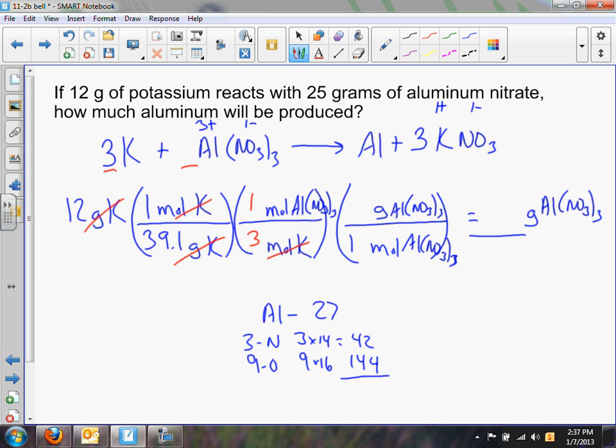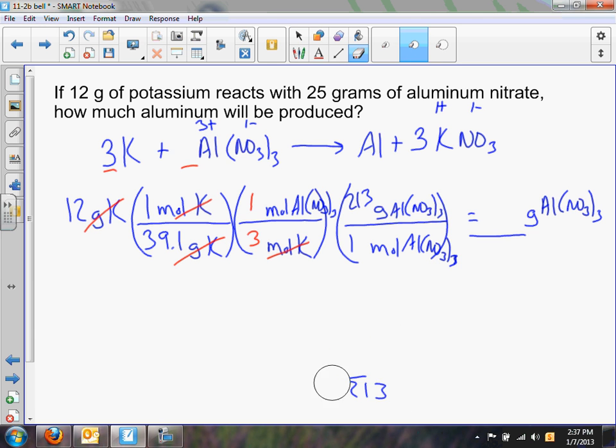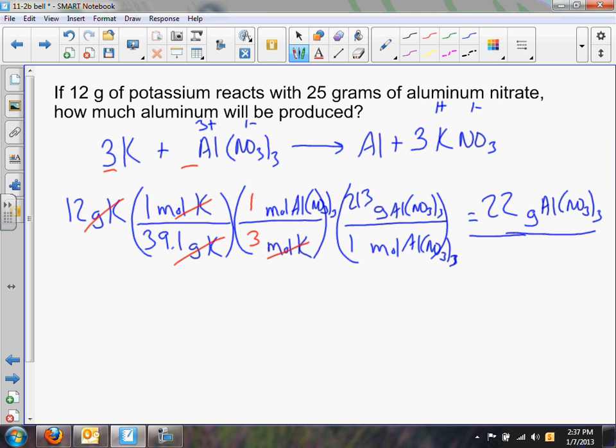If you add all these up, we got what? 213 grams in 1 mole of aluminum nitrate. So now we can do the math. Multiply 12 times 213, divided by the 39.1, divided by 3, and you end up with 22 grams of aluminum nitrate.